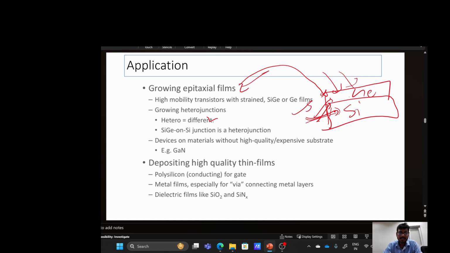And now, deposition of high quality thin films. High quality thin films need not be crystalline.